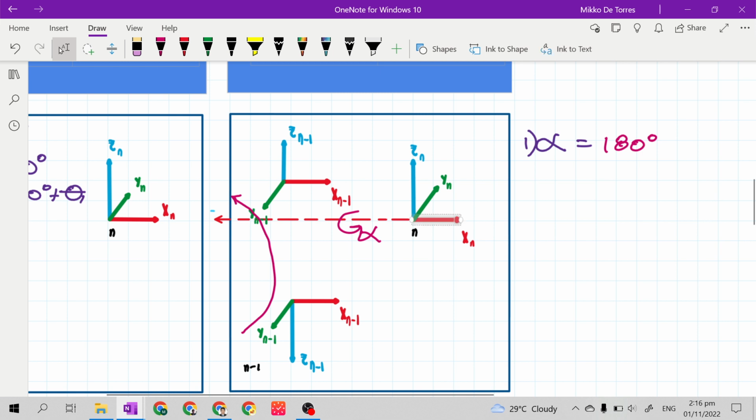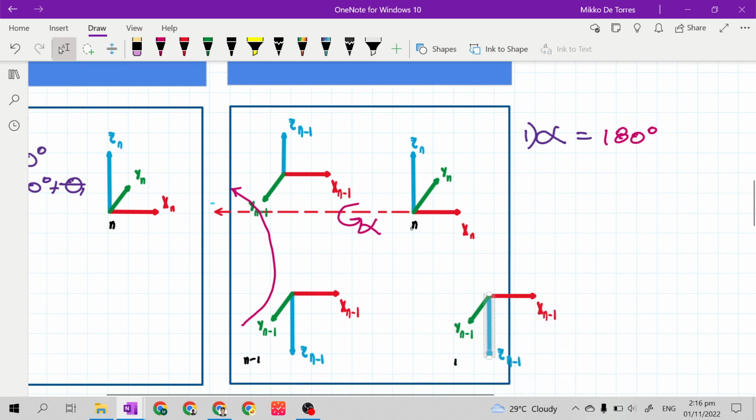The technique is to imagine that x sub n, z sub n, and z sub n minus 1 are at the same origin.